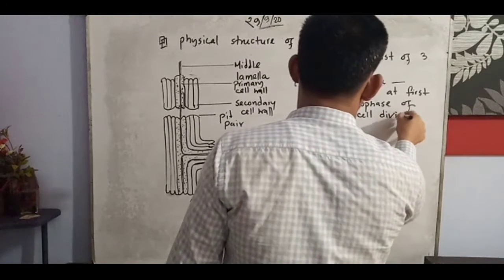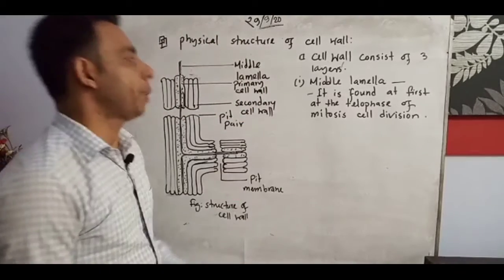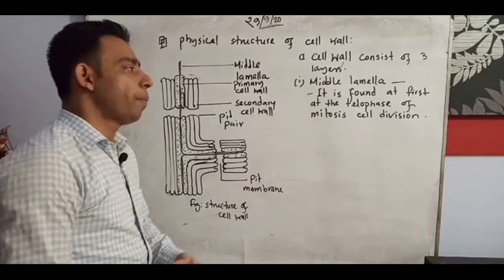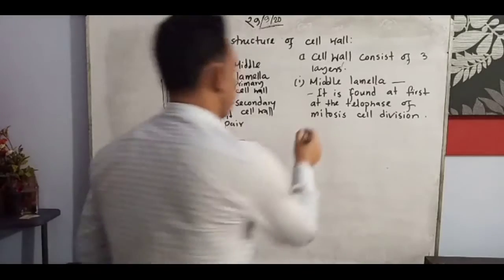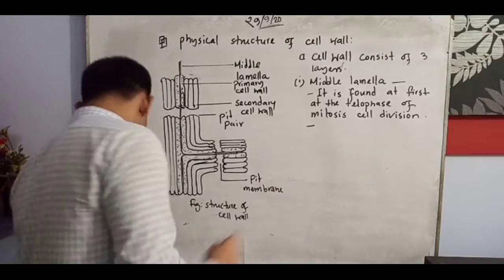That means this is found very first at the telophase stage of mitosis cell division. First one, it is originated or initiated at first. You can write this first.